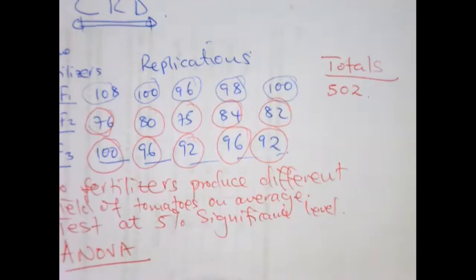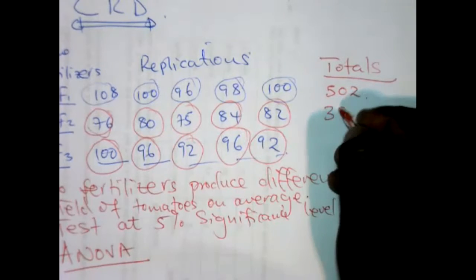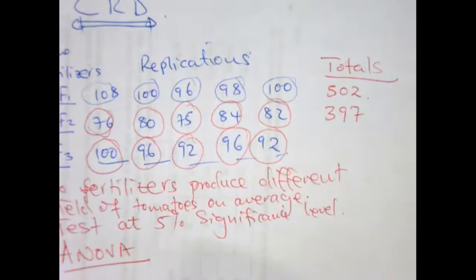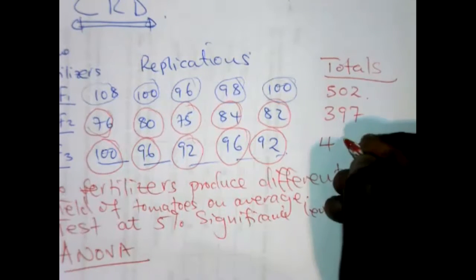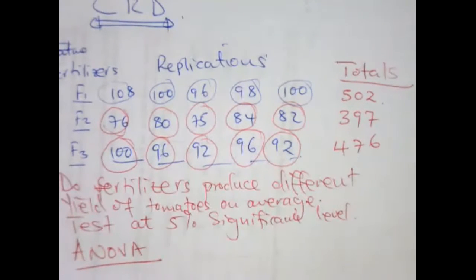Then the total for the second one is 76 plus 80 plus 75 plus 84 plus 82, which is 397. The last one is 100 plus 96 plus 92 plus 96 plus 92, which is about 476.